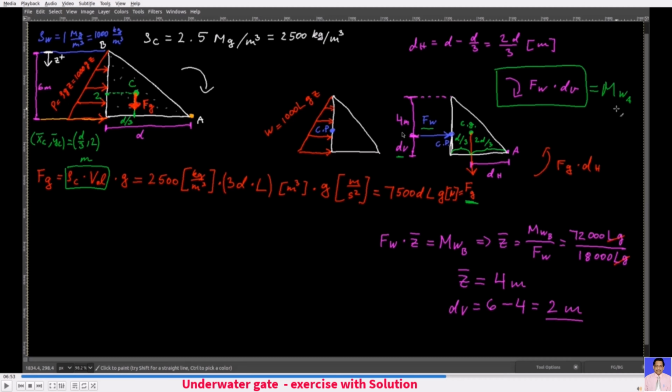And then the center of pressure was 2 meters from the dam's bottom, so 1/3 of the dam's depth. The total length was 6 meters, here you had 4 meters, and then it was 2 meters. In other words, it was 1/3 of the entire length.